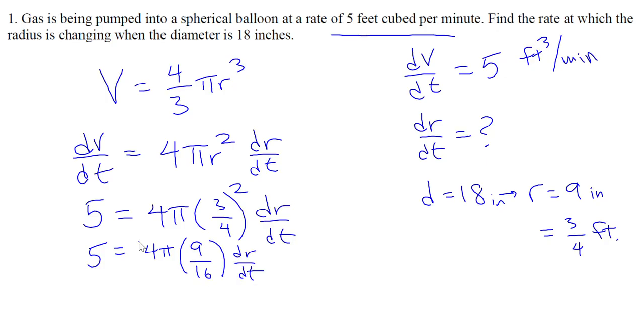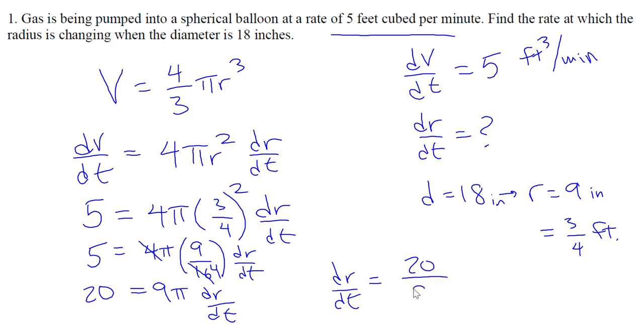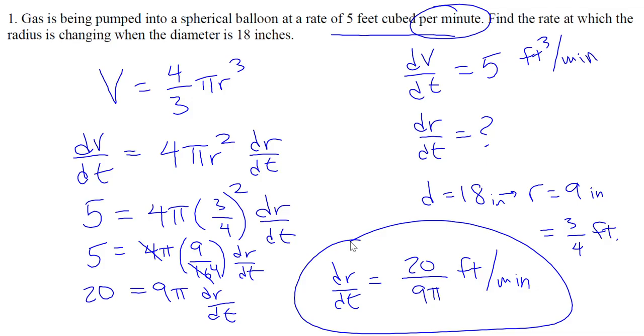We can cancel out a 4 with the 16, making that a 4, which, when I multiply by 4, gives me 20 equals 9 pi dr/dt, or dr/dt is equal to 20 over 9 pi. This is a radius, which was in feet, and it's per minute, because that's how this was changing. So the change of our radius is 20 over 9 pi feet per minute.